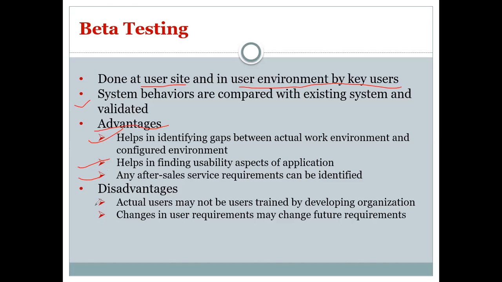So these are the advantages. In case of disadvantages, actual users may not be the users trained by the developing organization. So here, whatever the users are coming, those may again be different from the actual users.